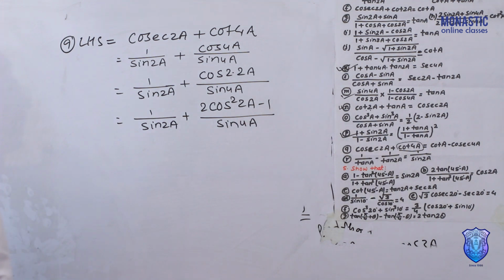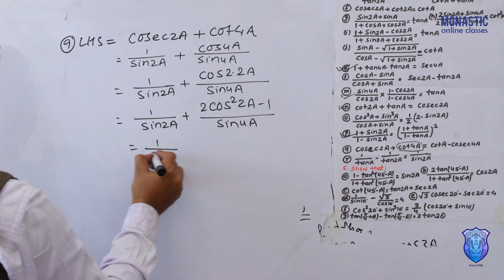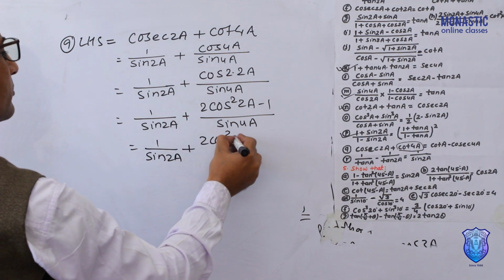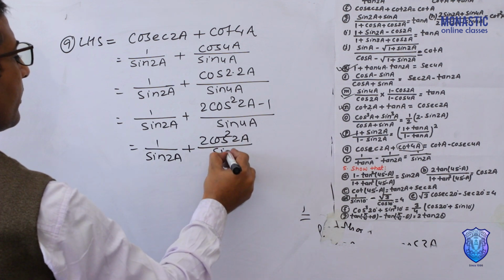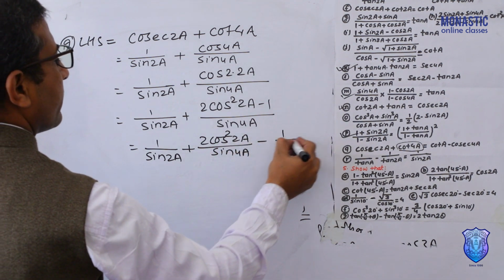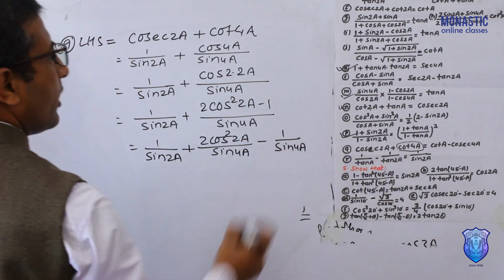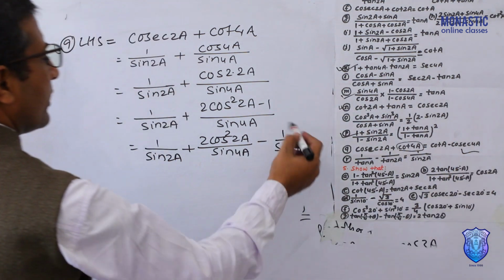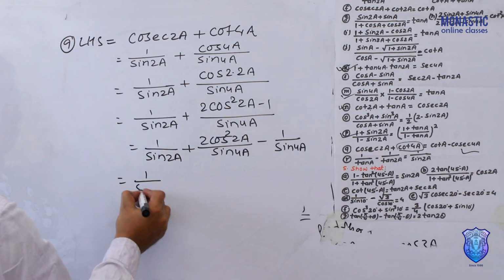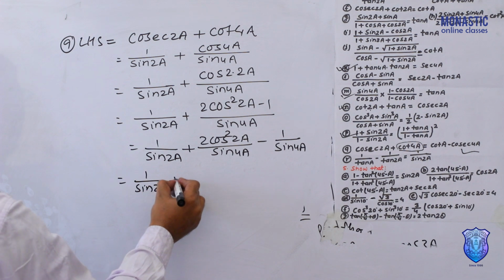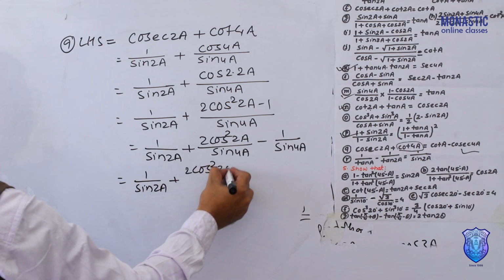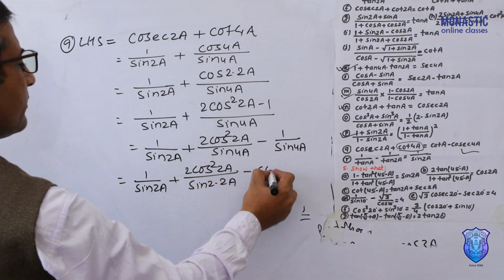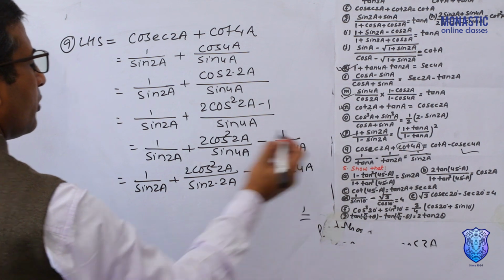You can ask why I haven't solved this. Look at this step. If I write separately now, it came minus 1 by sin 4A, and in RHS we want cosec 4A, that's why I haven't written that in 2, but now we can convert sin 4A into 2 into 2A, and that is minus cosec 4A.